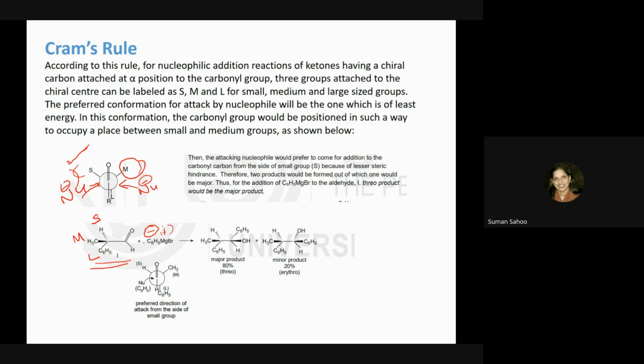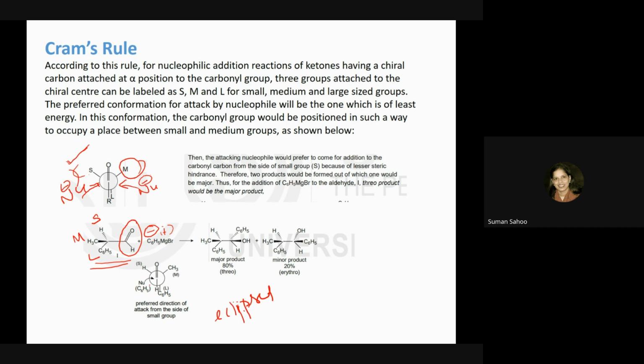So the nucleophile is C6H5 minus. First you have to draw it in a Newman projection formula in which this one is the front carbon. We have put the carbonyl there, hydrogen here, and the large group, C6H5, just opposite to it. Here it is presented in an eclipsed conformation. In Cram's rule, the rule is prepared in such a way that the eclipsed conformation is taken into account.